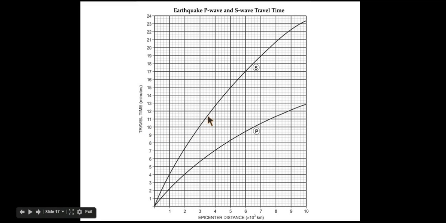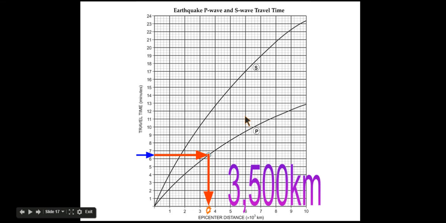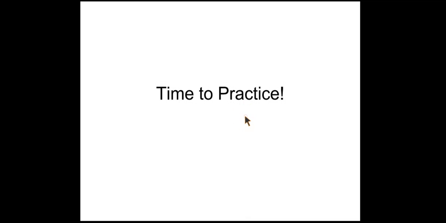So we're going to ignore the S wave curve, and we're going to make sure we follow it over until we hit the P wave line. So we're going to start here, because that's the time that they gave us. We're going to read over until we hit the P wave line, and then we're going to read down. And so the distance that the P wave traveled in that amount of time is 3,500 kilometers.